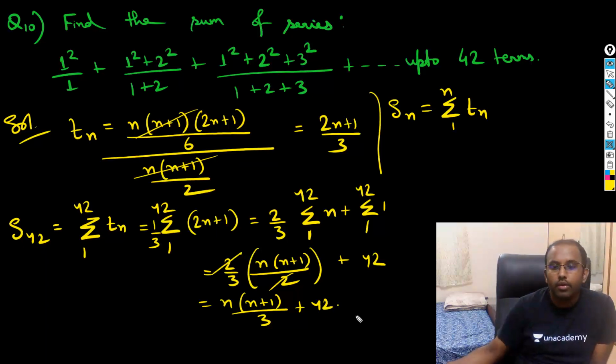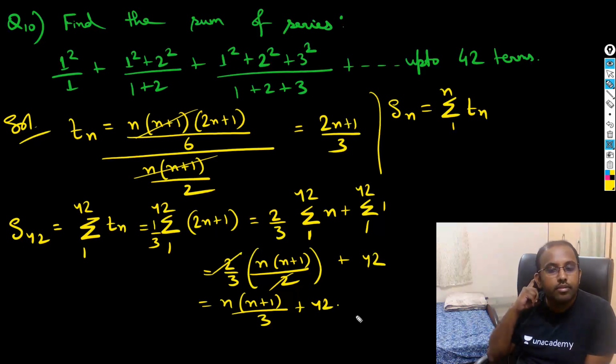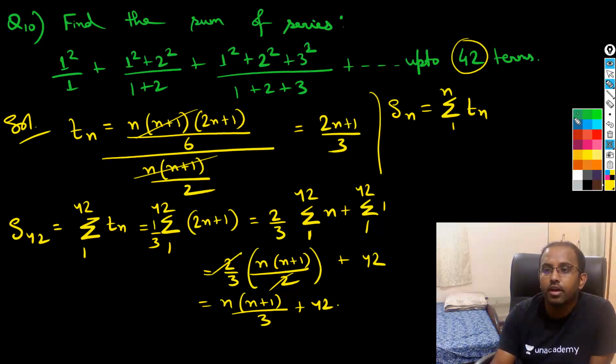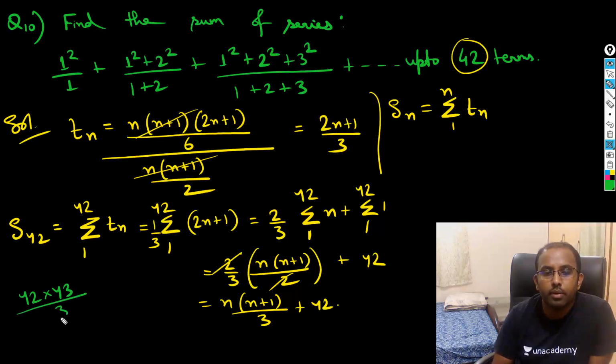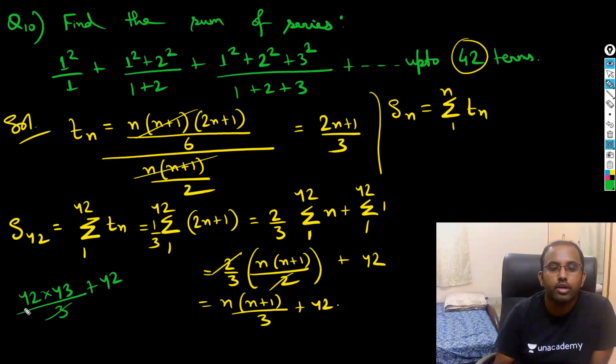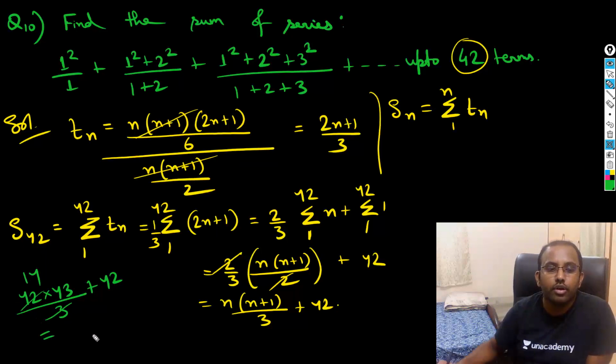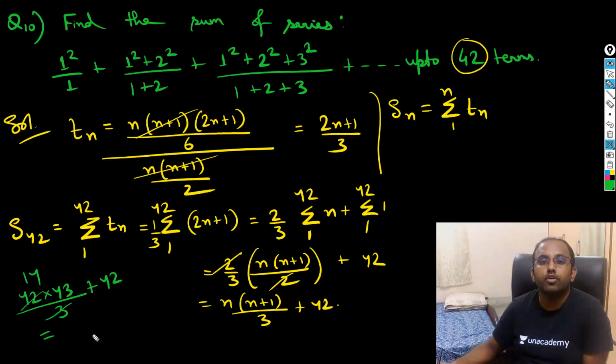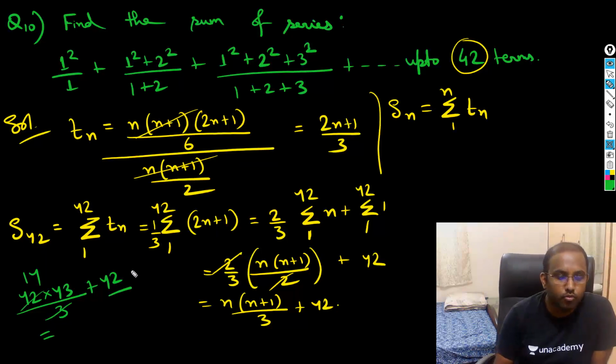Now I'll put the value of n as 42 here. So I get 42 into 43 divided by 3, plus 42. This will get cancelled, 14. So 14 into 43 is 602, and plus 42, right?